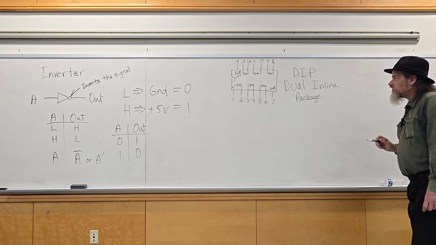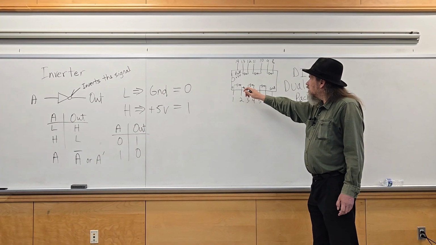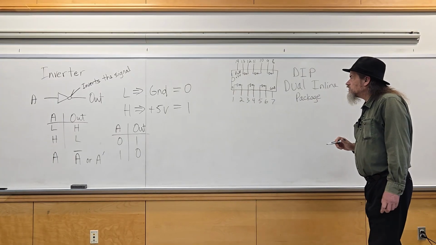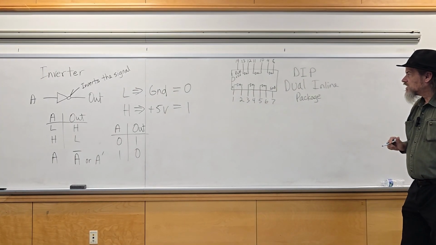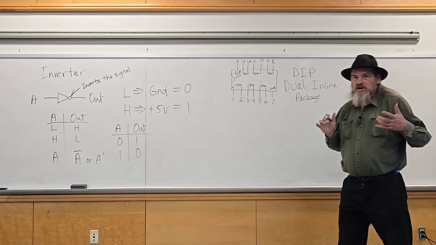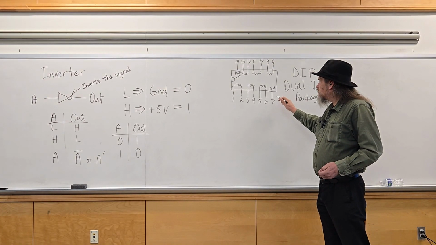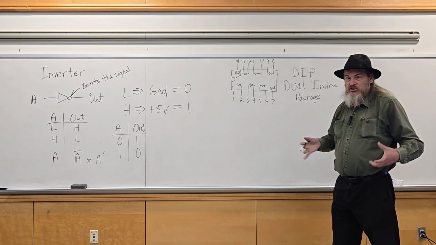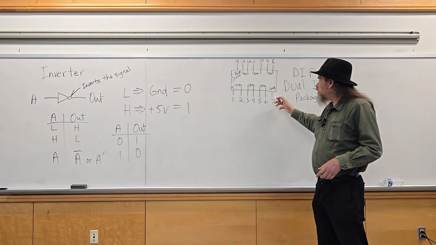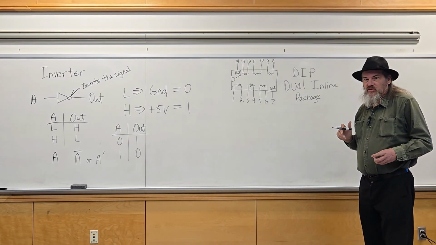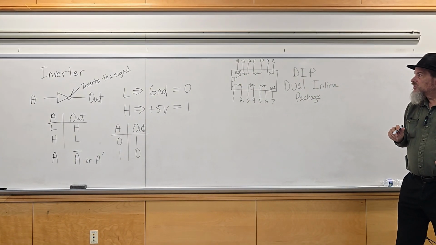So you have 6 inverters in one package. In order for the gates to work, you have to give the chip power. So you have to connect pin 7 to ground and pin 14 to 5 volts. Otherwise, it will not work.